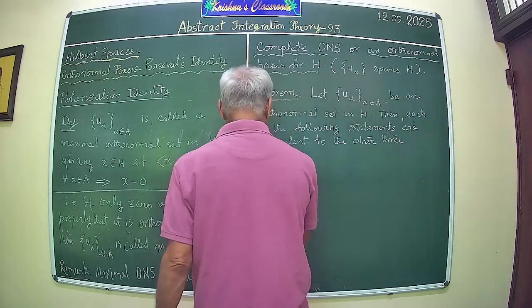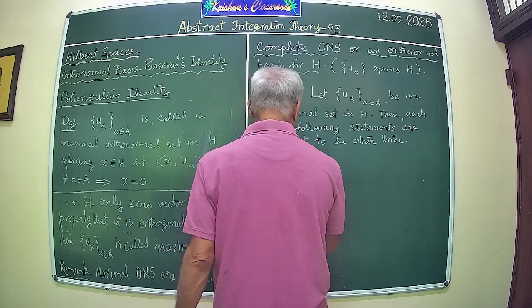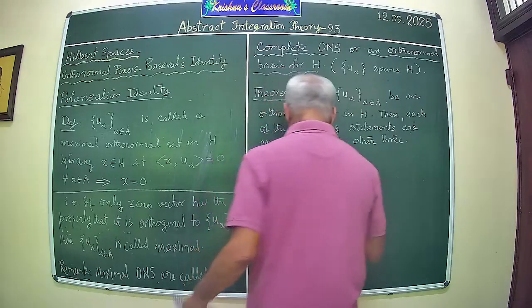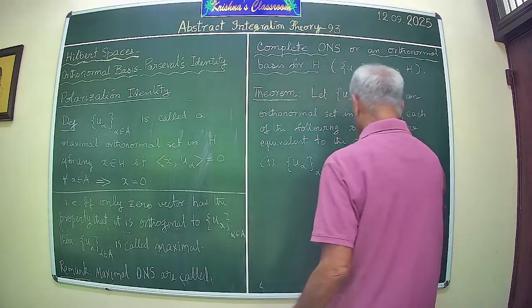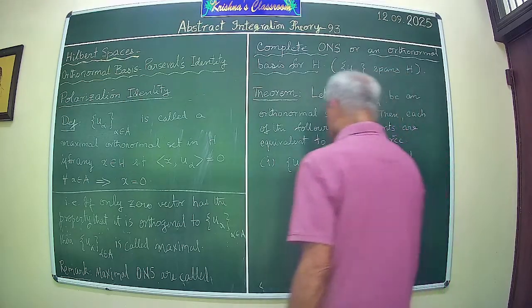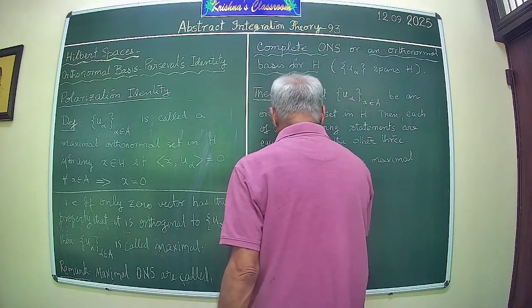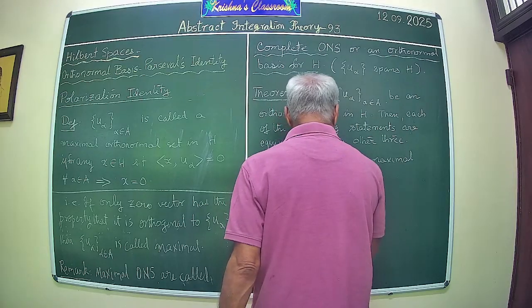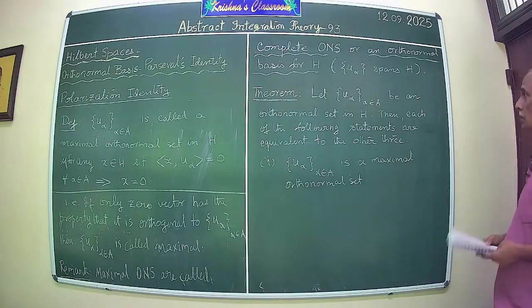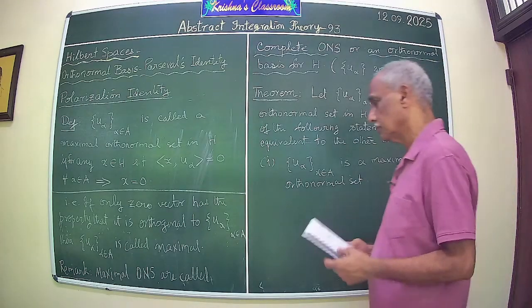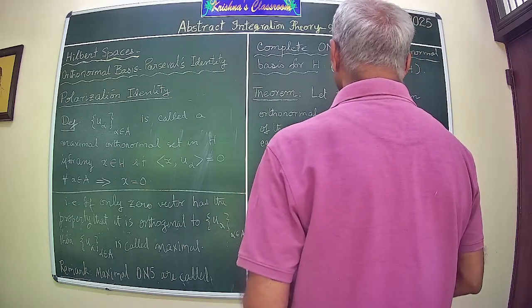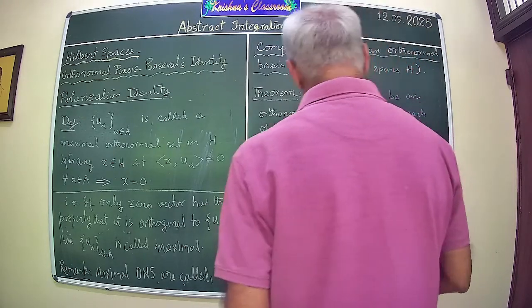The first statement is that U alpha is a maximal orthonormal set, or what you call an orthonormal basis for the space. Or a complete orthonormal set. These are all the various terms.